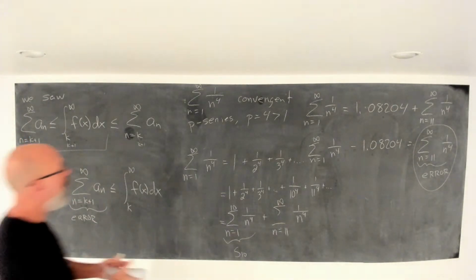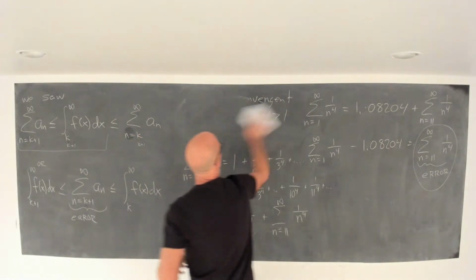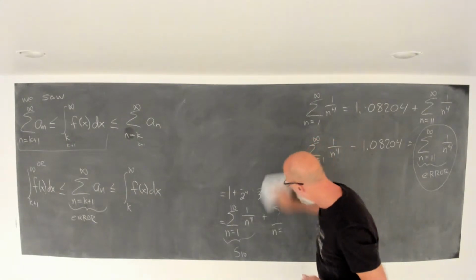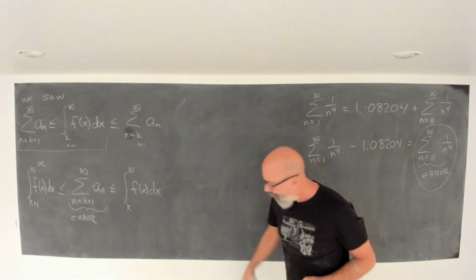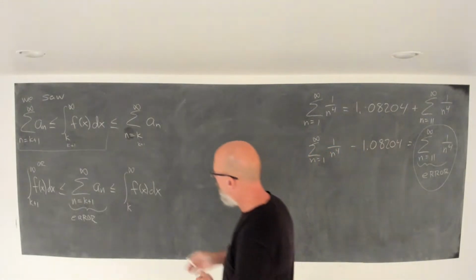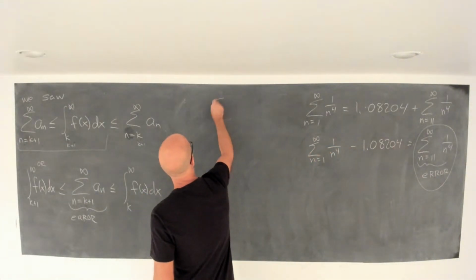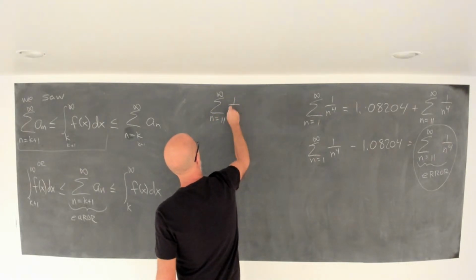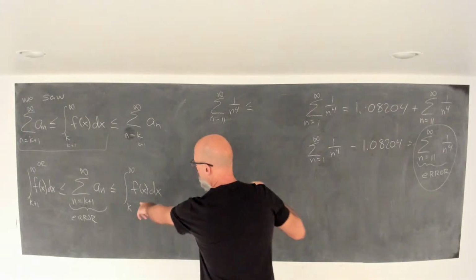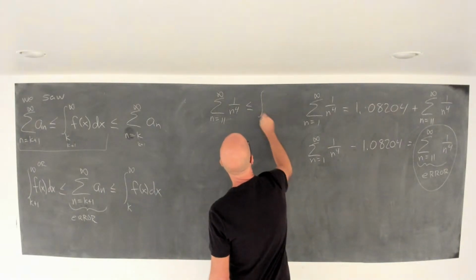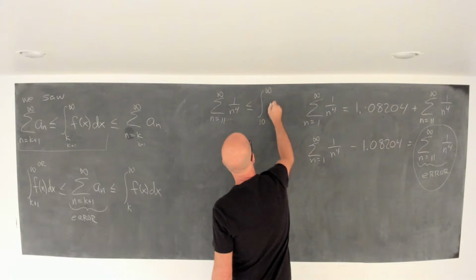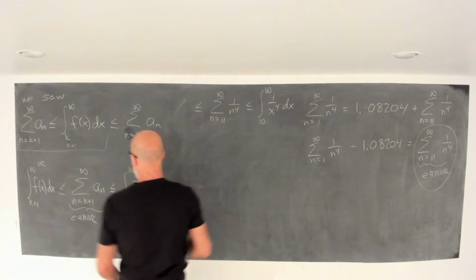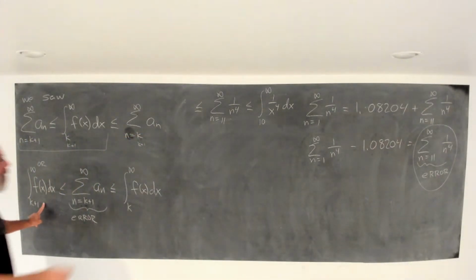So in our case, in the case at hand, the sum from 11 onwards is less than or equal to the integral from 10 onwards, and is bigger than or equal to the integral from 11 onwards.